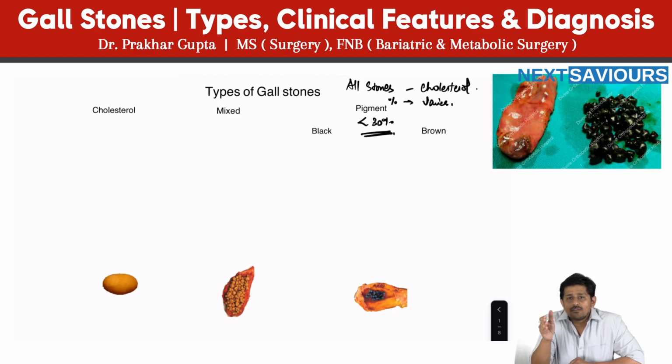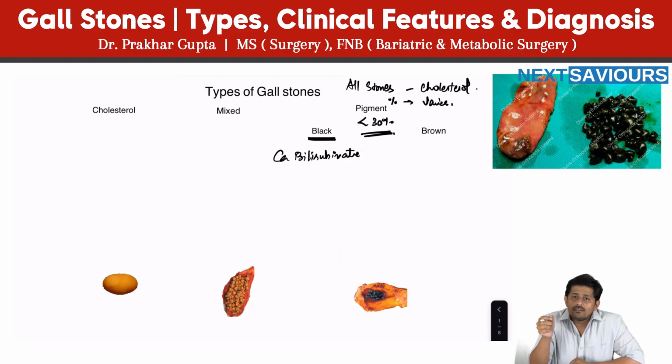The black pigment stones consist of calcium bilirubinate, and as you all know, bilirubin is a product which gets produced because of degradation of hemoglobin.